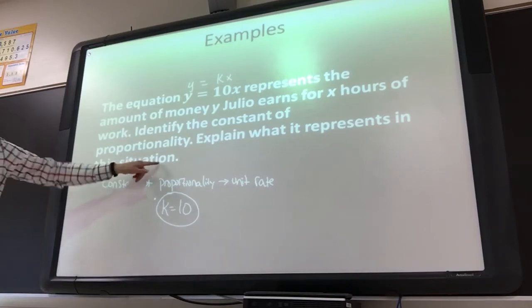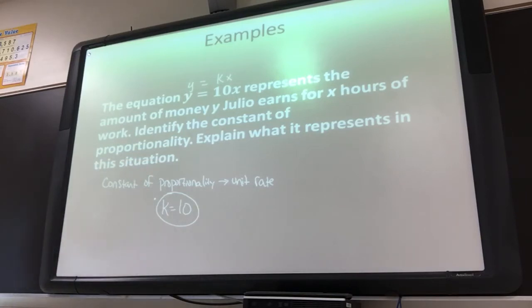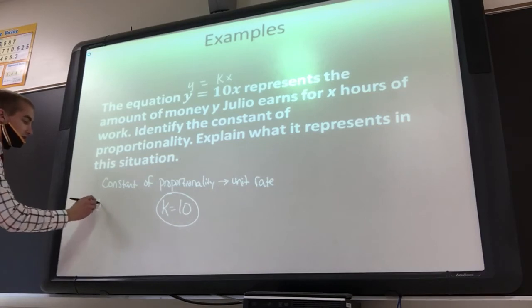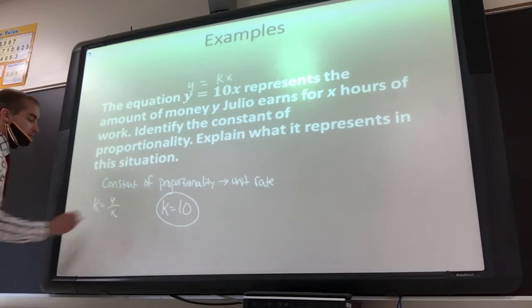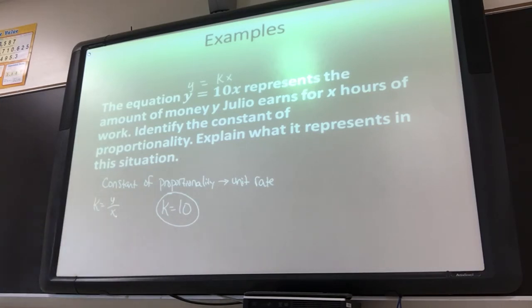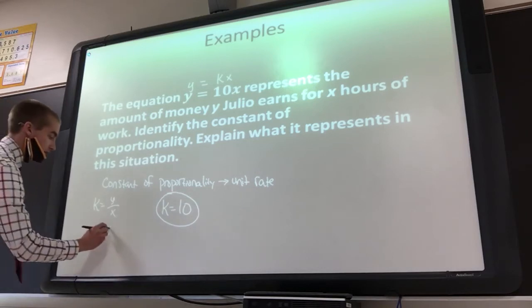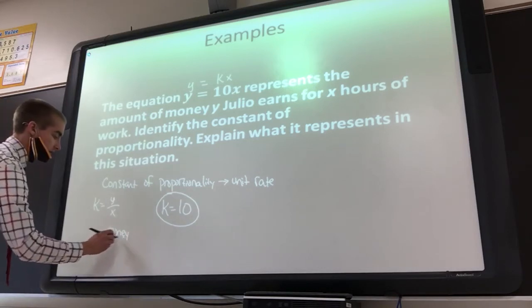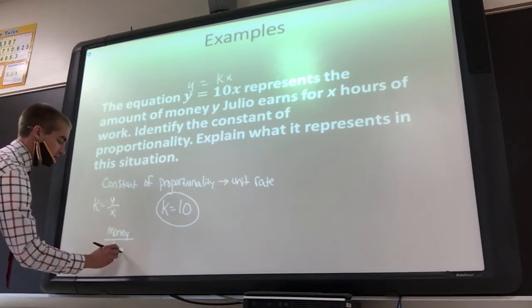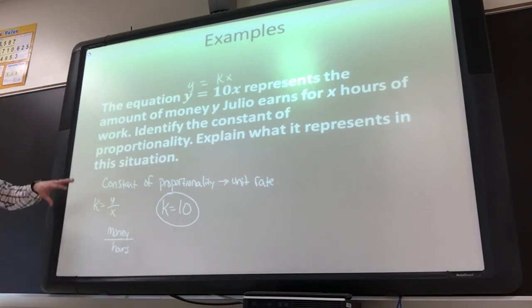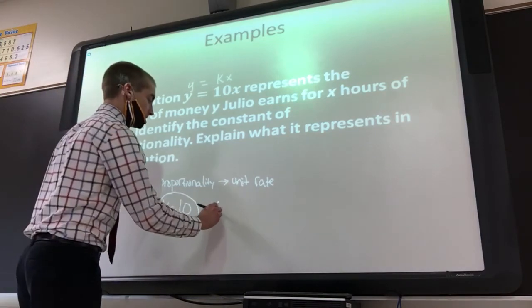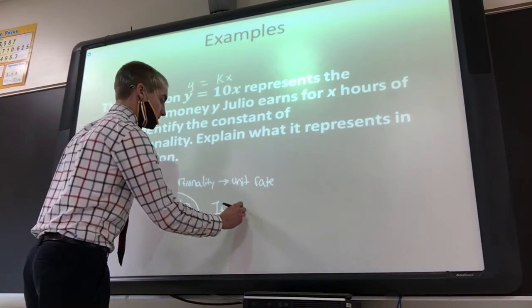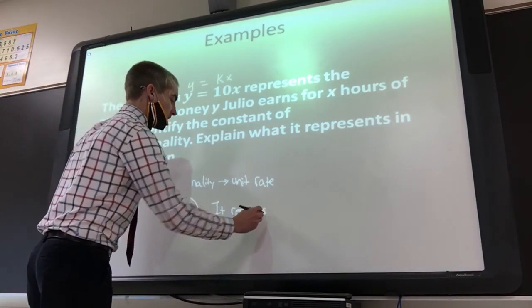And then we also need to explain what it represents. Well, k was y over x. What is y in this situation? Amount of money. And what is x? Hours. Money over hours. So the constant of proportionality represents, how could we say this?